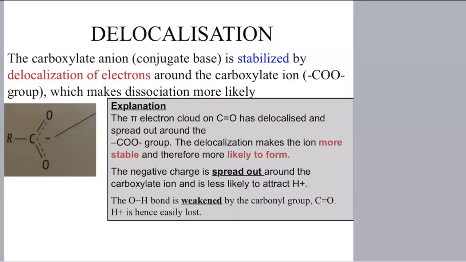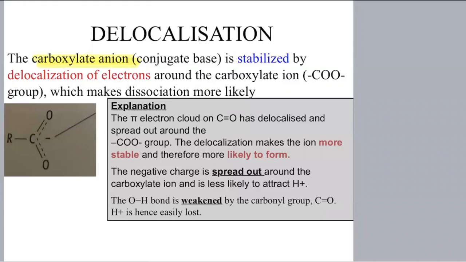Again, before we talk about the explanation why carboxylic acids are more acidic than ethanols, we need to look at the structure and bonding of carboxylic acid. More specifically, it's the carboxylate anion. So this is the anion of your carboxylic acid.